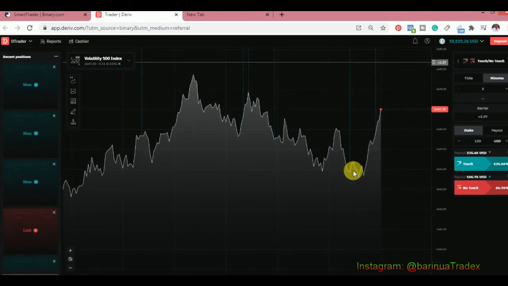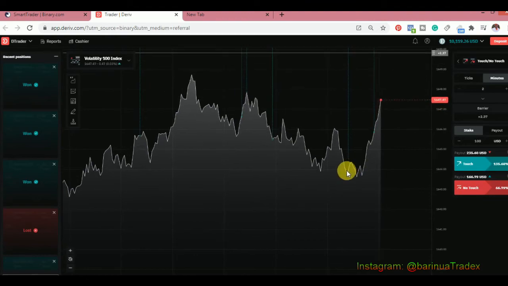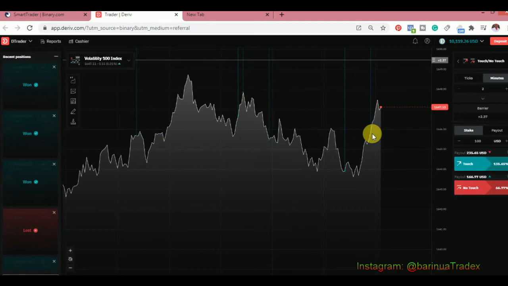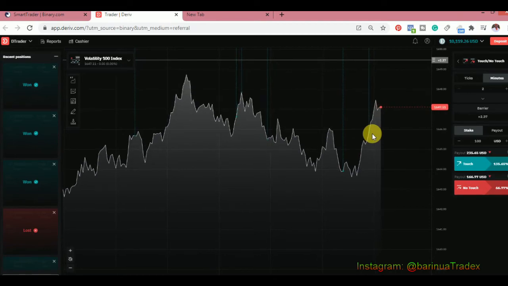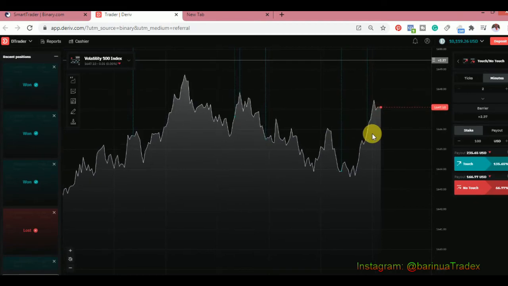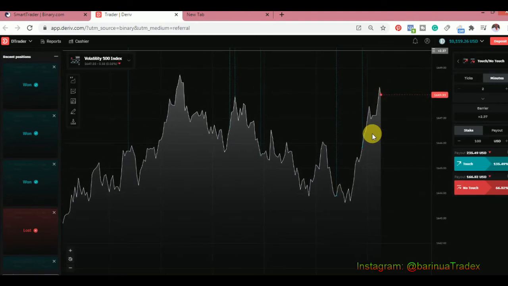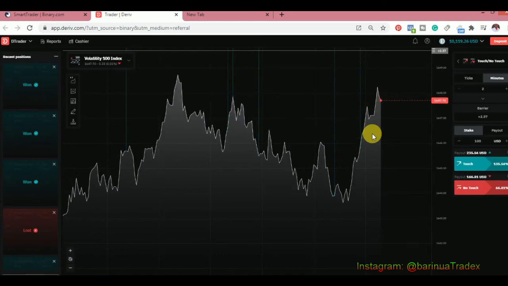So now you can see the point at which the trade was entered, and for 2 minutes, you can see how far it proceeded. It proceeded up to this extent, and yet that trade was a win. That's to tell you that this strategy works very well. I hope you are enjoying the video and learned something new.